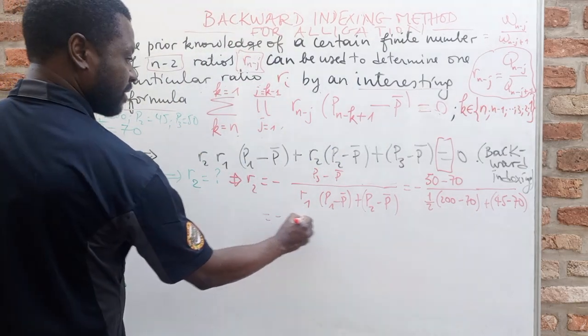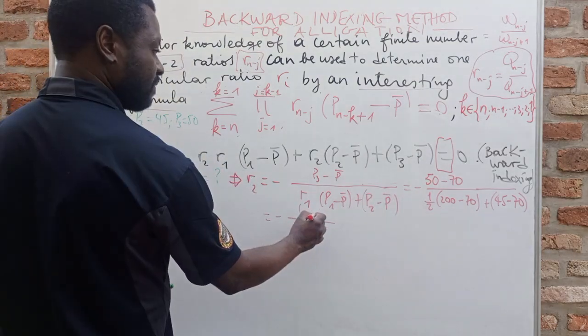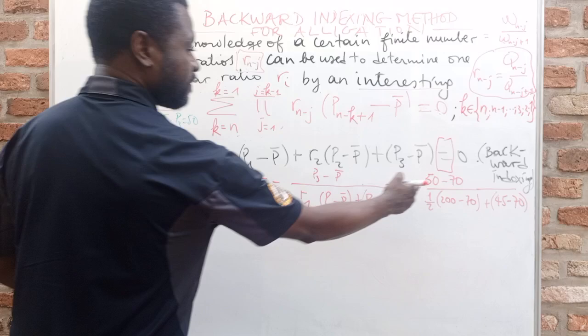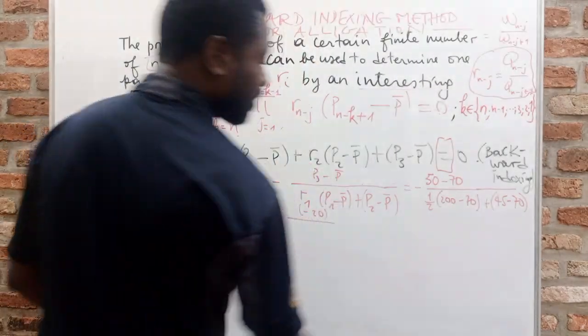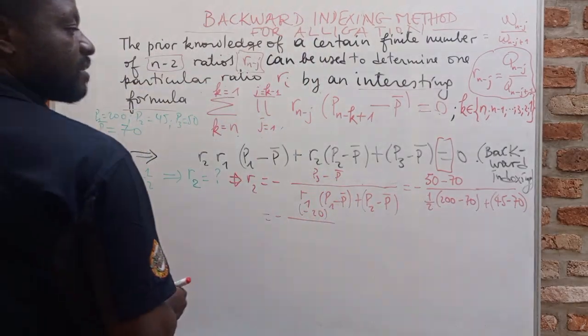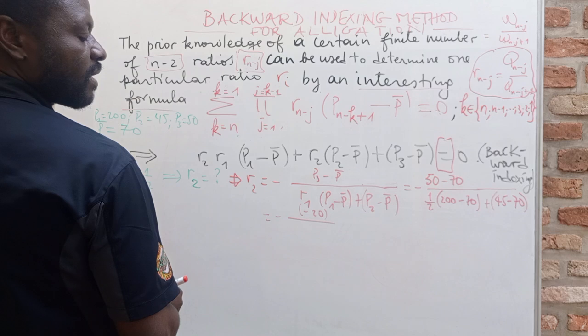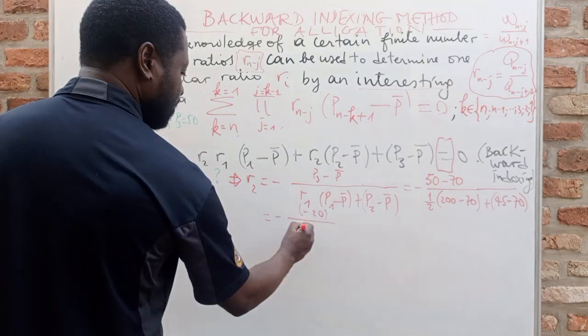The numerator is 50 minus 70, which is negative 20. Now, half of 200 minus 70 is 130 divided by 2, which is 65.